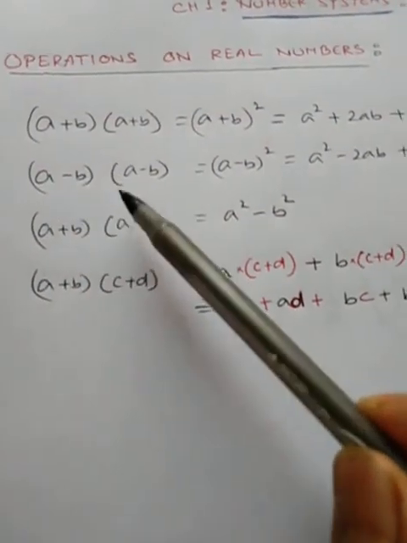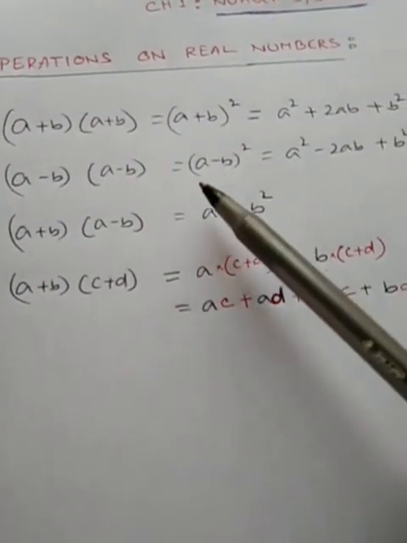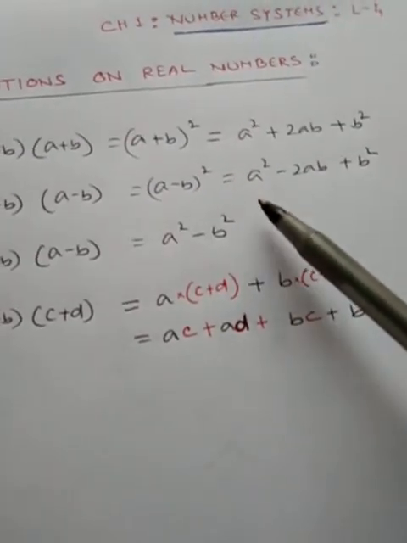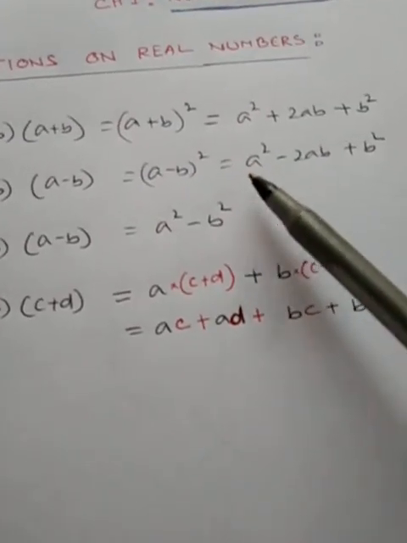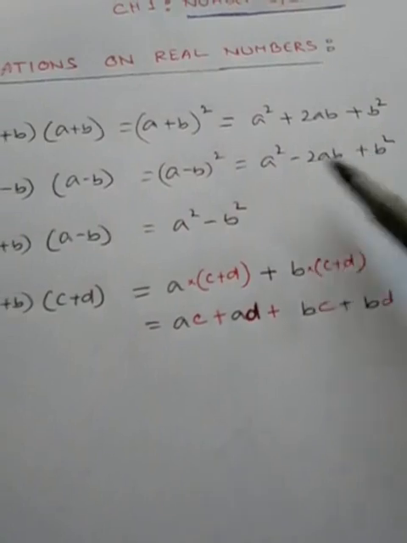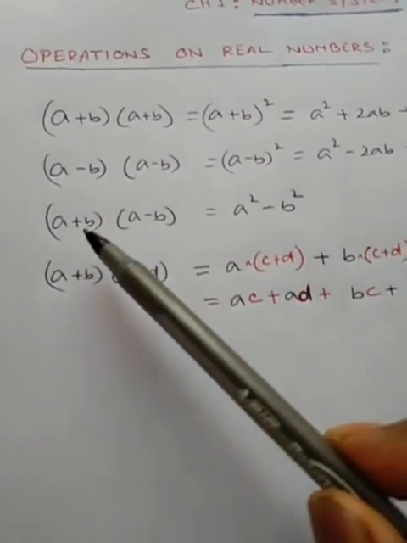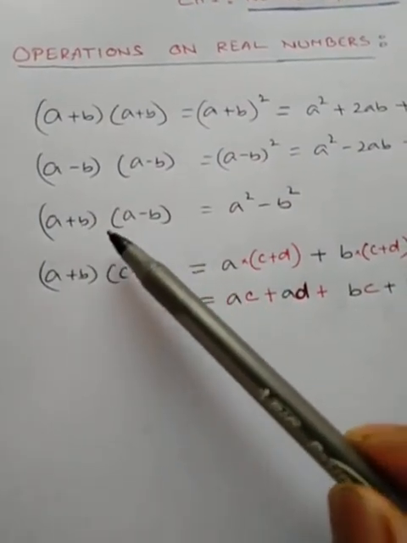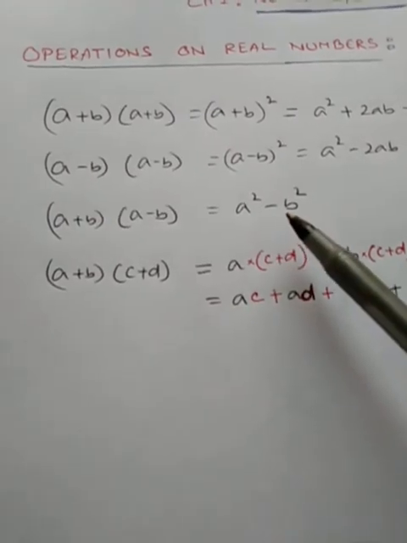Similarly, a minus b into a minus b is a minus b whole square, which is a square minus 2ab plus b square. Next, a plus b into a minus b we can write as a square minus b square.